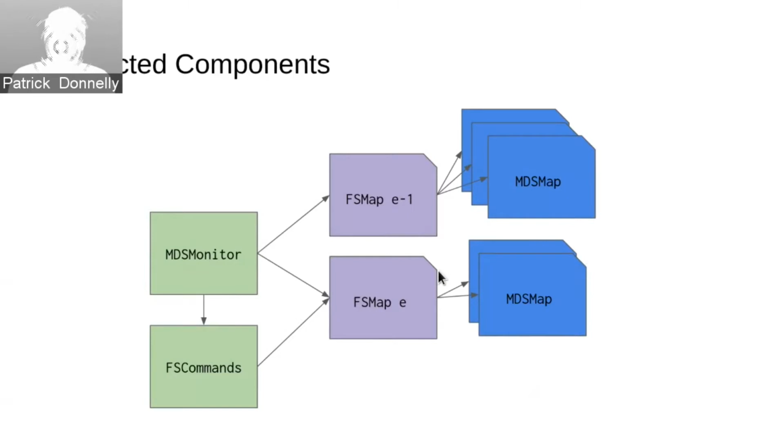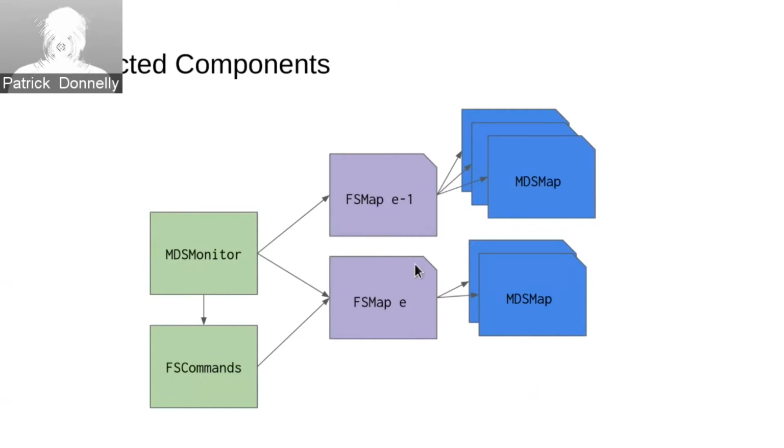You'll often see within the MDS monitor the next epoch is referred to as pending. The pending one is never shown to clients until it's finally distributed among all the monitors and they agree on the changes as part of their Paxos algorithm.